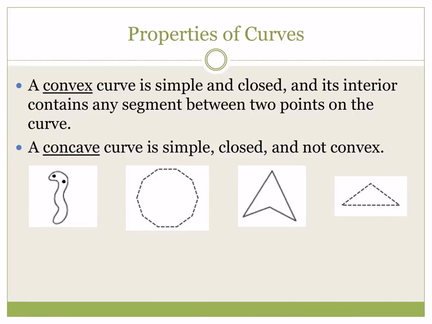Yep, there is. What if I take this point and I try to connect them with a line segment? When I do that, I cross outside the curve. Well, if that happens, we have something that's concave. If it's not possible for that to happen, then it's convex.